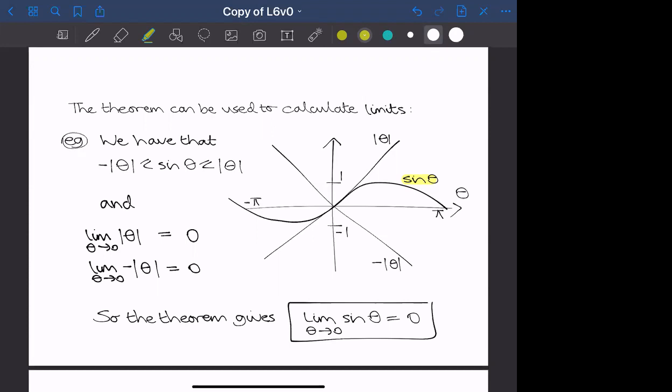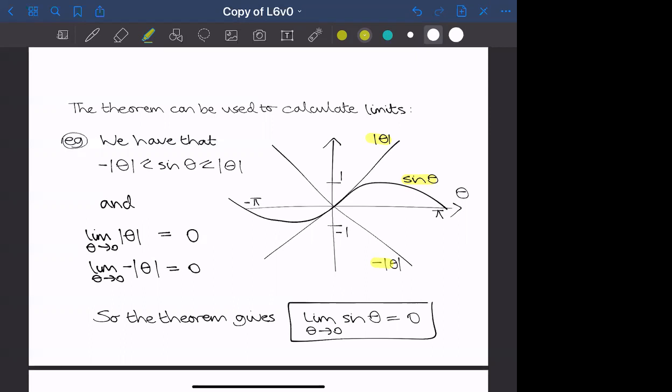Well, one way is using the sandwich theorem. I give the argument here and a picture that shows you how the sandwich theorem is used. Because sine theta can be sandwiched between the graph of the absolute value of theta, so that's this V graph, and minus the absolute value of theta.